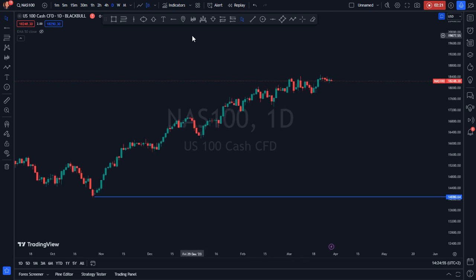So let's figure that out. This was impulsive, correction, impulsive, correction. Currently, the market is in an impulsive phase.